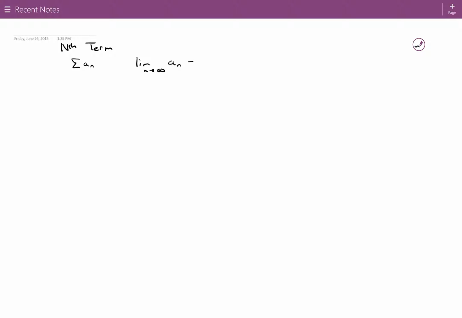If this equals 0, then the test fails. You have to use another test to find whether the series converges or diverges. If this equals something that isn't 0, so it does not equal 0, then the series diverges.